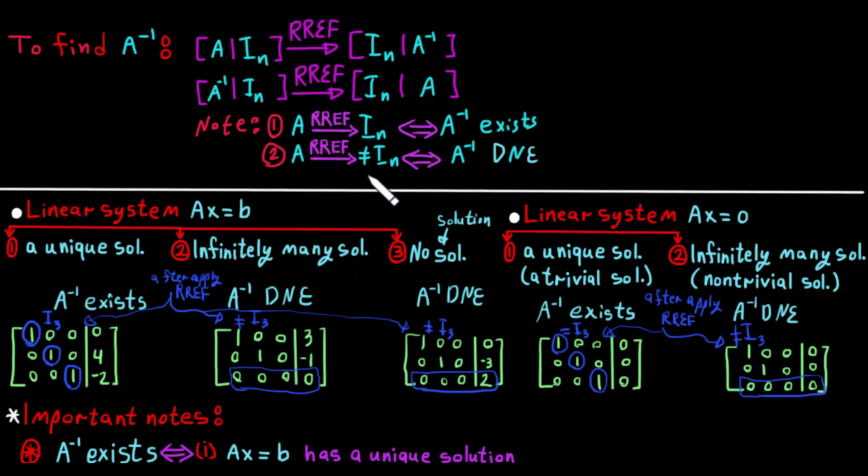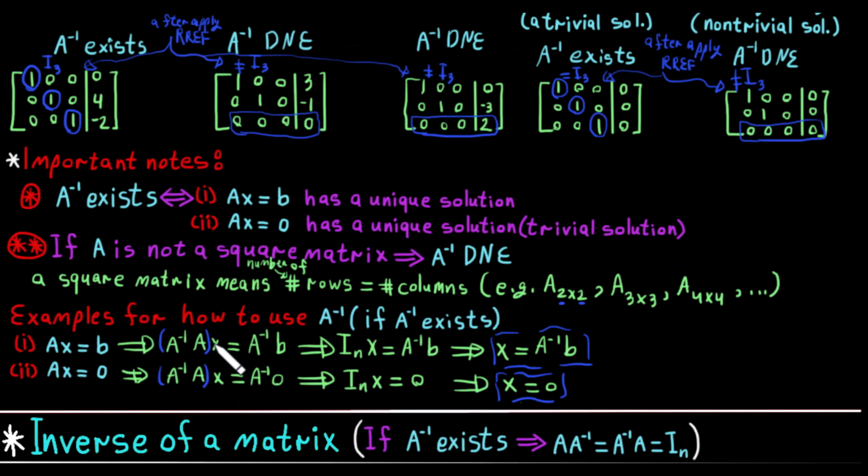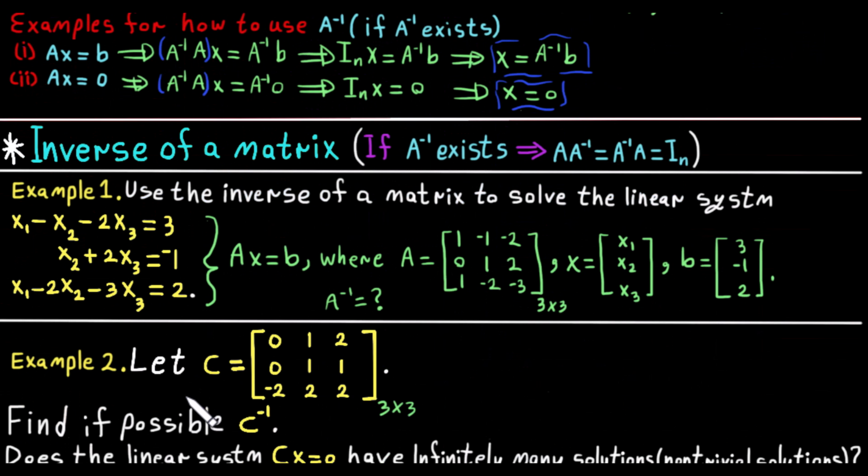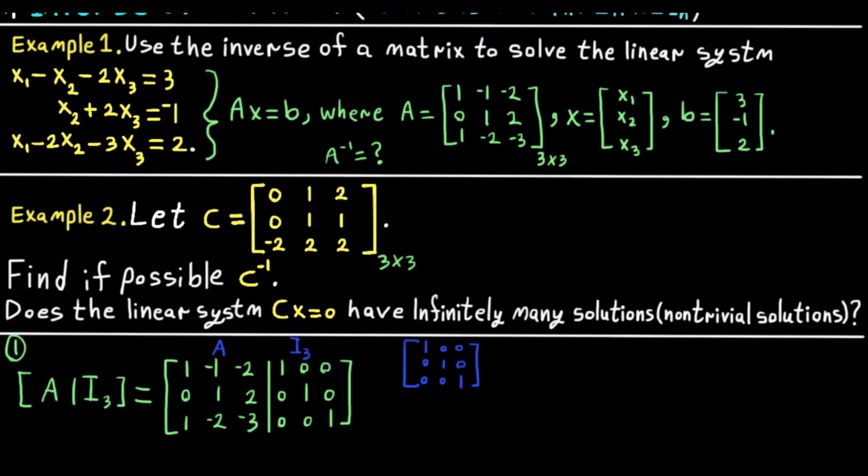If you cannot transform A to identity, then A inverse does not exist. It's very simple, so let's now erase this one. So we have to apply RREF to make this identity.